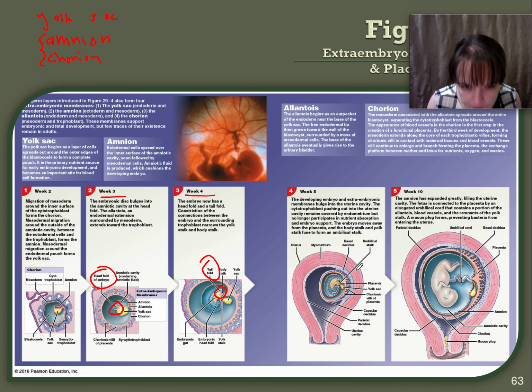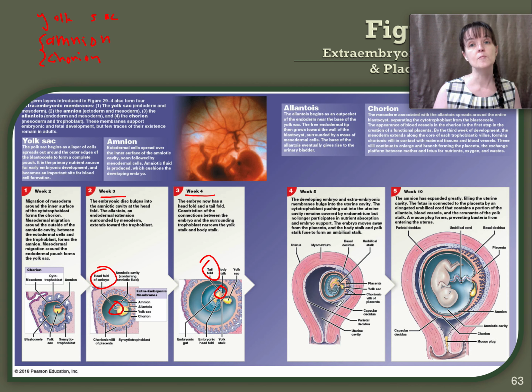Oh, they're already fused here. The picture is so tiny. Okay, so here's the amnion and here's the chorion. And when they fuse, they become the amniochorionic membrane. It's science. You take the two words and you stick an O between them and you call it a new word.